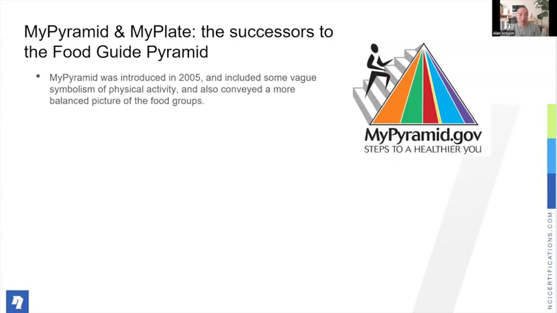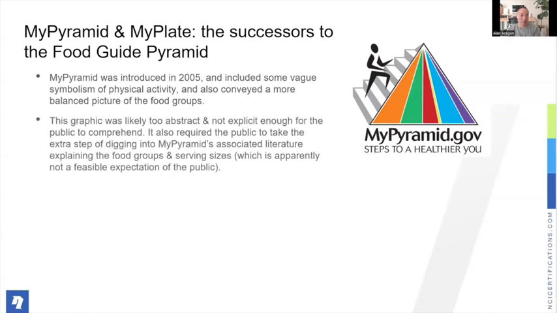And so here we have my pyramid, introduced in 2005, and it included some vague symbolism of physical activity and also conveyed a more balanced picture of the food groups that's shown by these somewhat vertical sections of the pyramid graphic. But this graphic was just too abstract, not explicit enough for the public to comprehend.